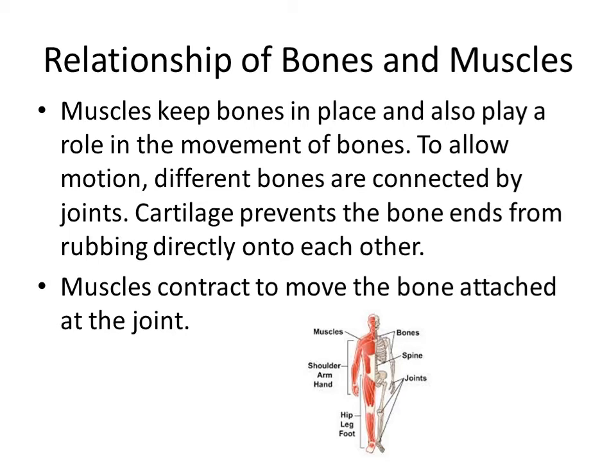Cartilage prevents the bone ends from rubbing directly onto each other. Muscles contract to move the bone attached at the joint. So remember that the relationship of bones and muscle is that muscles keep bones in place and also play a role in the movement of the bones.